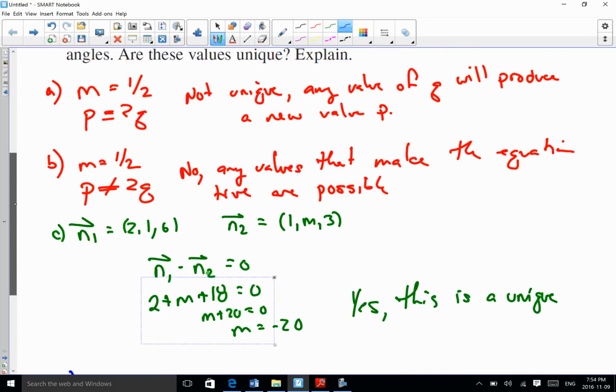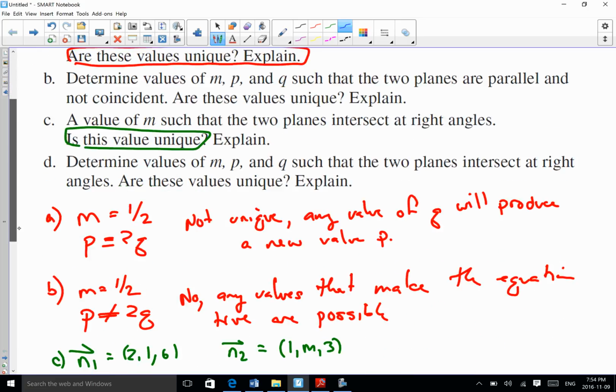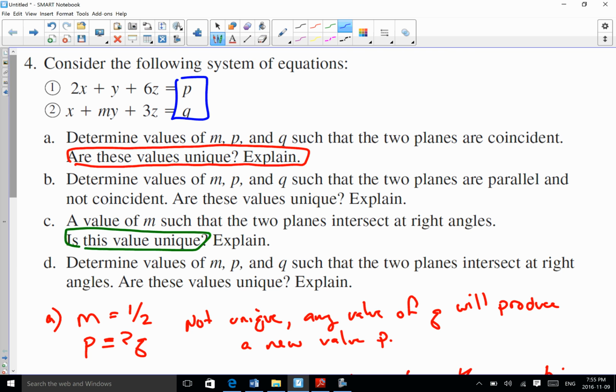And whether they meet at right angles or not has nothing to do with your p and q values. That tells you where they meet or helps you figure out where they meet, but it doesn't tell you how they meet. So p and q can be any value. So are they unique? Of course not. Okay, that's what we do for the first question, question number 4.